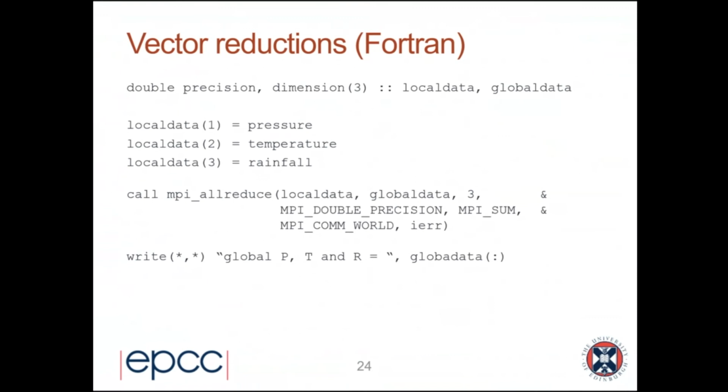If I want to add them all up, I put them in a little array: local data 1 is pressure, local data 2 is temperature, local data 3 is rainfall. I do MPI all reduce. Local data is the input, global data is the output. There are 3 items, MPI double precision, MPI sum, MPI comm world, and the values are accumulated across processes, and then I can print them out.